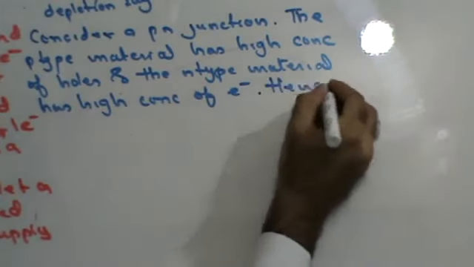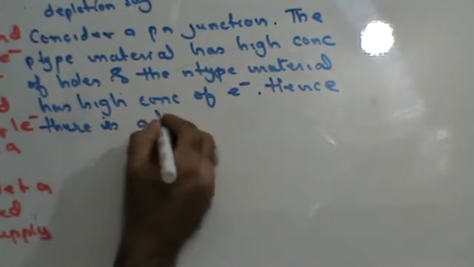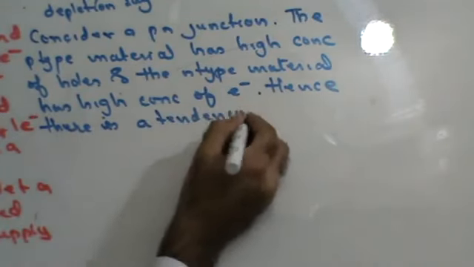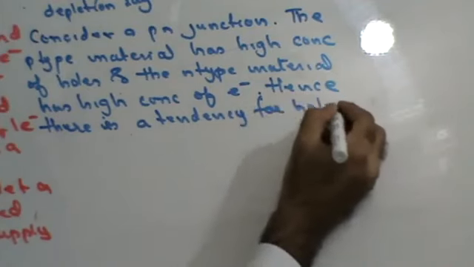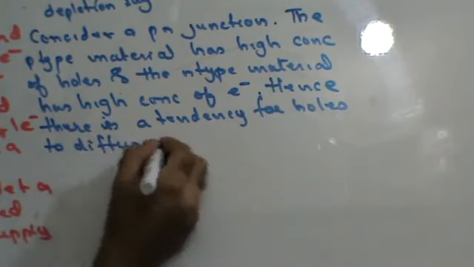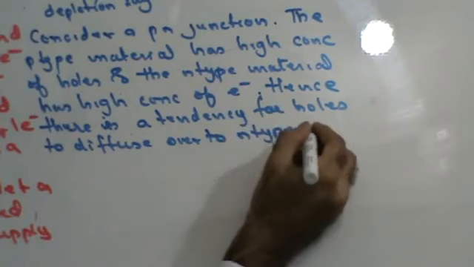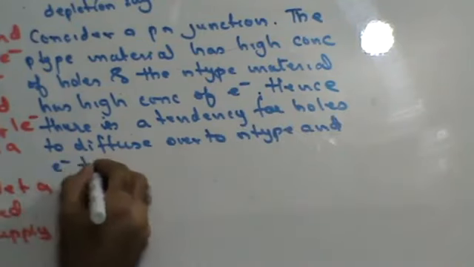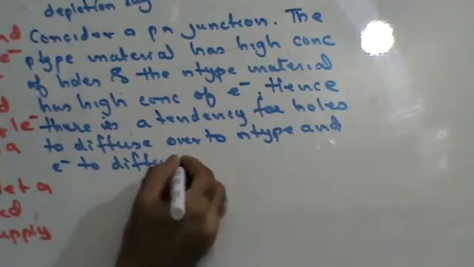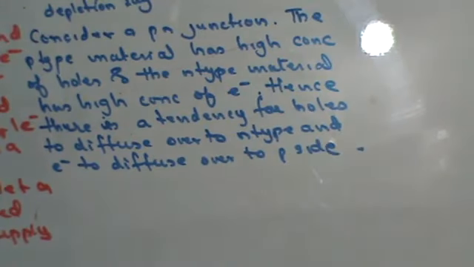Hence, there is a tendency for holes to diffuse over to N type and electrons to diffuse over to P side. Fine, do we get this thing clear? Now, this process is called diffusion.